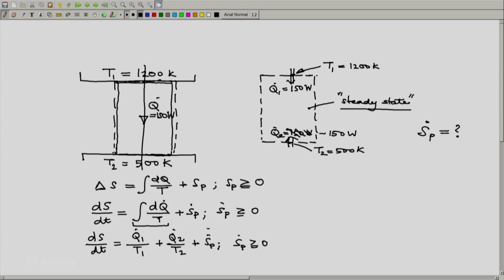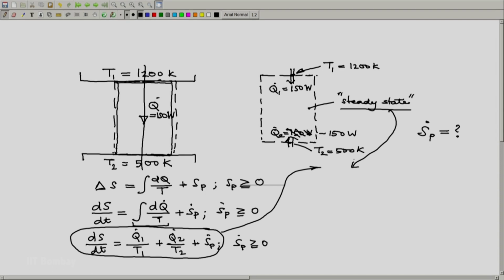Now, notice that in this relation, steady state, so dS by dt is 0.